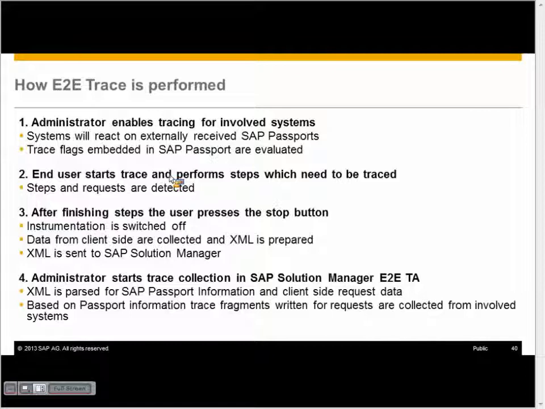Once this is done, the Solution Manager can go and ask the system, give me the logs for this passport, so that it will return all the logs, and then we have one complete picture in the Solution Manager to see what happened.